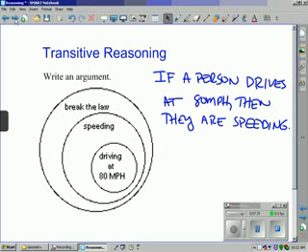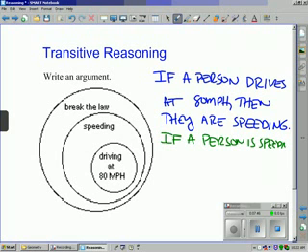For our next conditional statement, we start off with the speeding as our hypothesis and the next outside circle being our conclusion. So if a person is speeding, then the next circle is breaking the law. So then they are breaking the law.